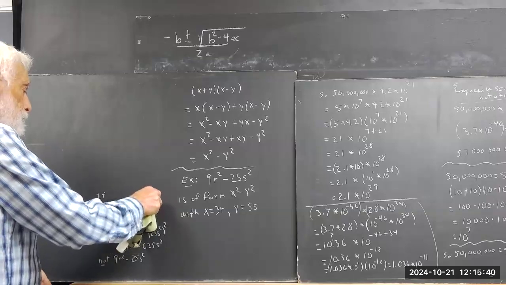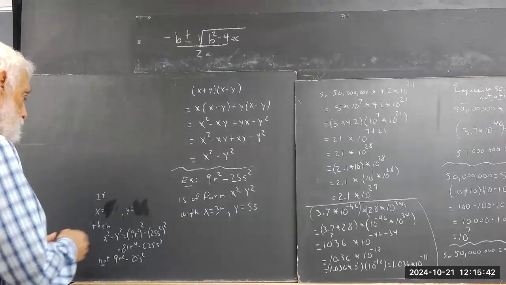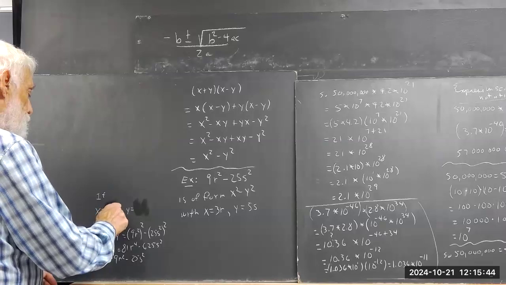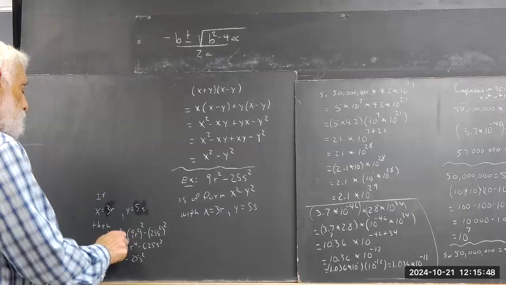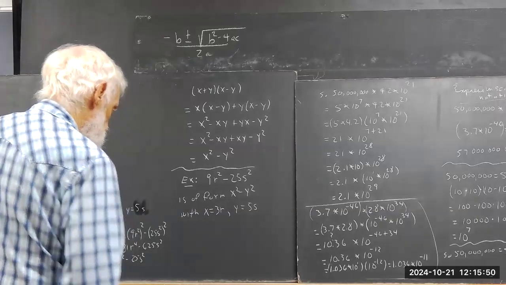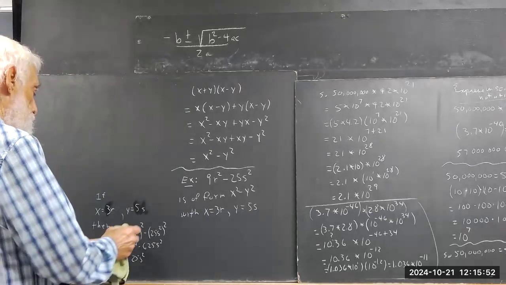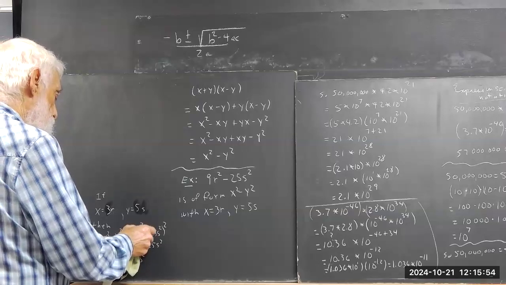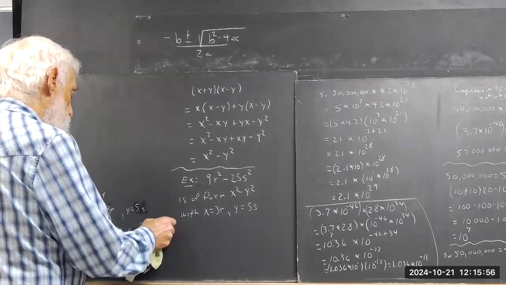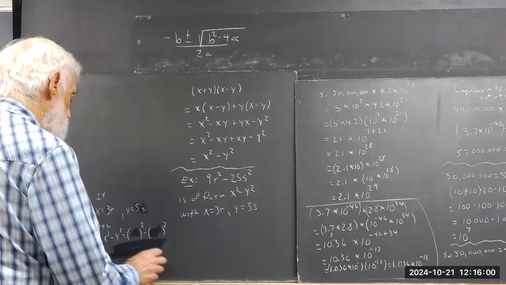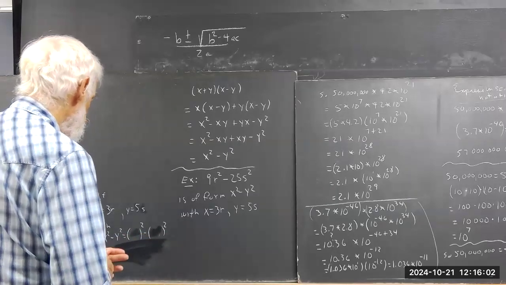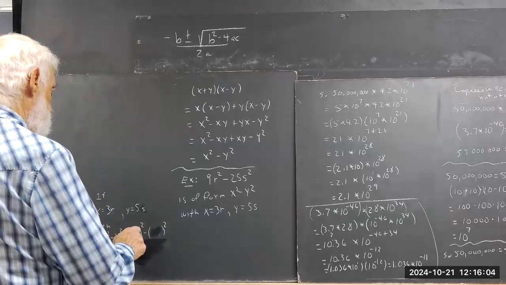Okay. So if I repair this easily corrected error, I can tell you if x equals 3r and y equals 5s, then x squared minus y squared equals the square of 3r minus the square of 5s, which is going to equal what we want it to equal.